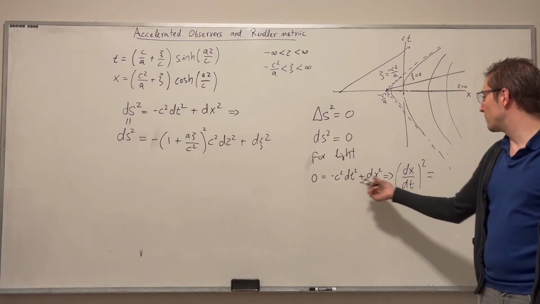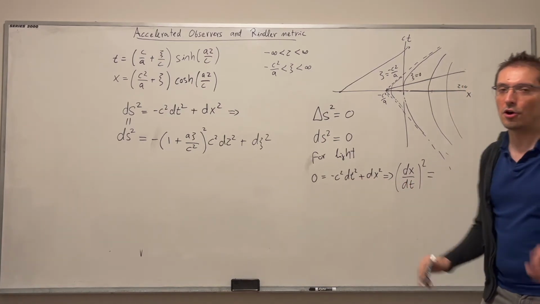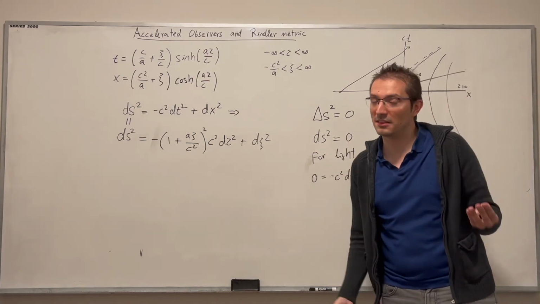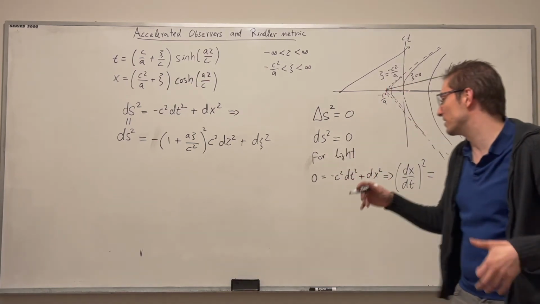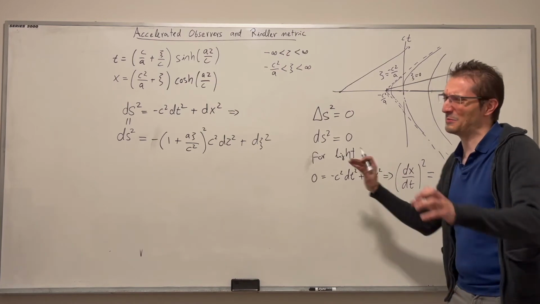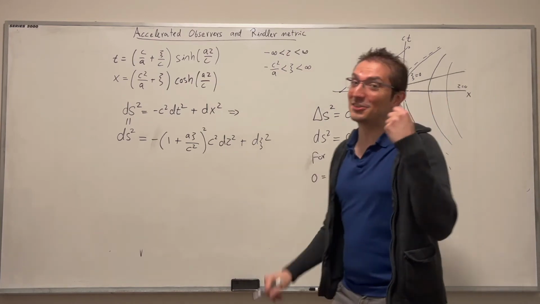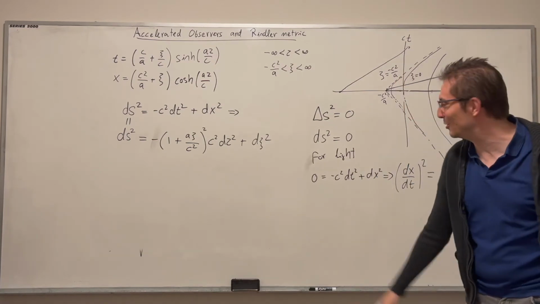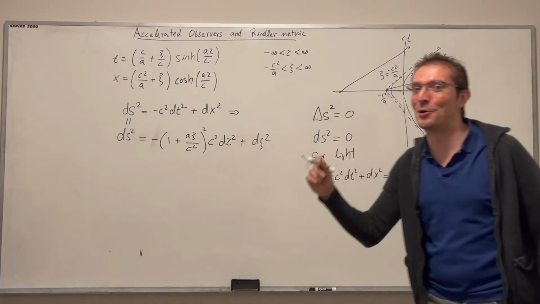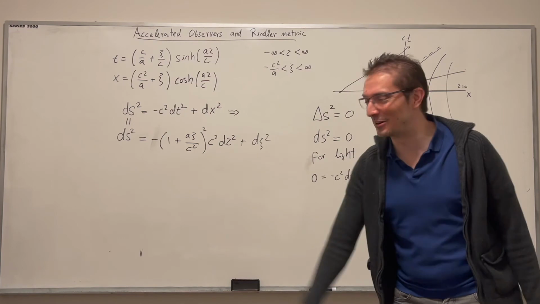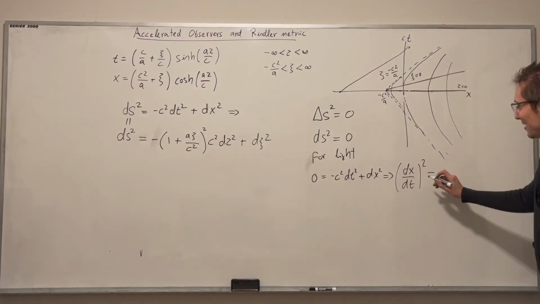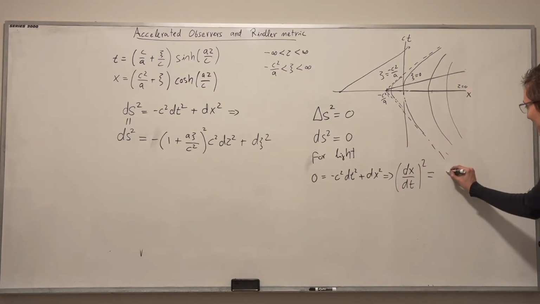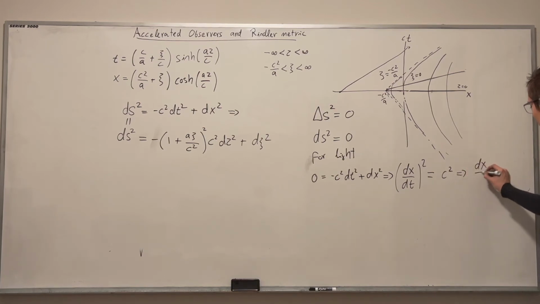If you want to reparameterize everything in terms of t, or if you want to really alarm pure mathematicians, which I recommend you don't do, you would say, all right, yeah, kind of divide by dt squared. No, this is dirty math. This is what we call dirty math: math that you never should do, but works. You better know why it's wrong and how to do it right if you want to use it. Anyway, dx squared over dt squared equals c squared. Oh, nice. So of course, dx/dt equals c.